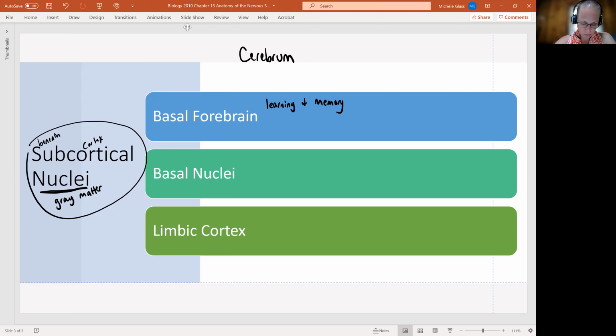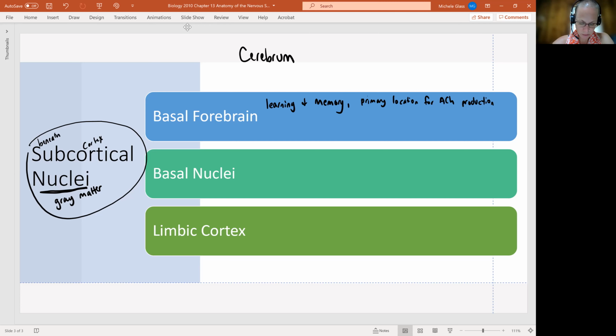We also see that this is our primary location for acetylcholine production. Acetylcholine, we know, is that all-important neurotransmitter that we've been talking about all semester.